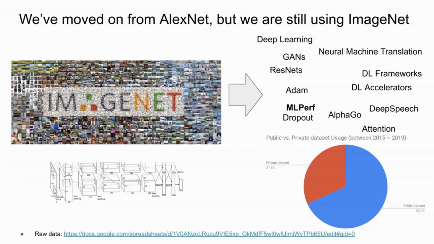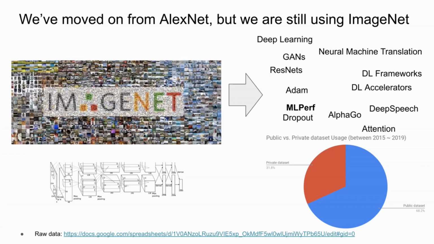Why is that? One reason is that data sets like ImageNet are open. It's an important characteristic, and we see this in the use of machine learning systems in production, but also in research papers, that the most widely used data sets are open. So it's important to keep in mind when we're creating new data sets that we can create them in a way that's open and that can be leveraged by the entire community.